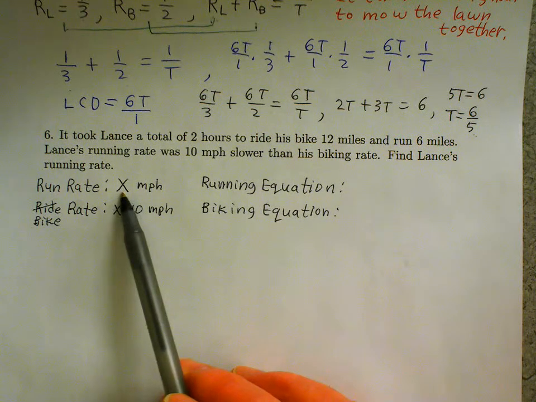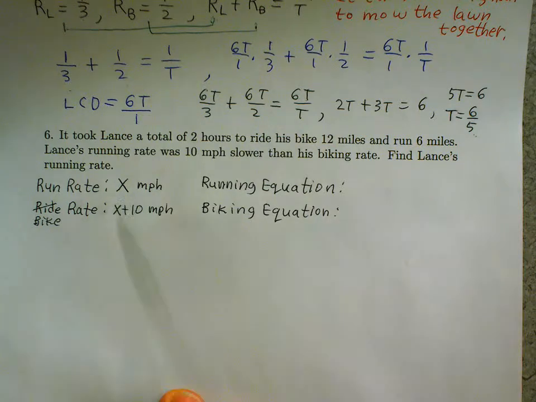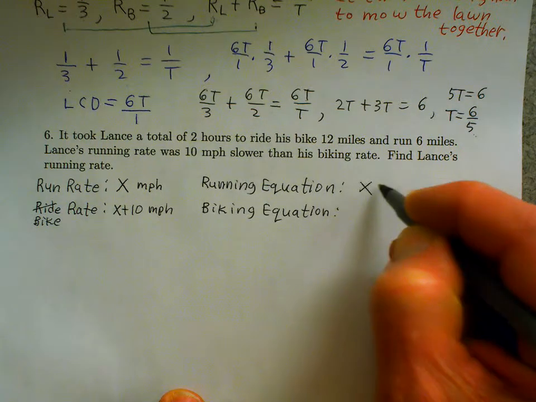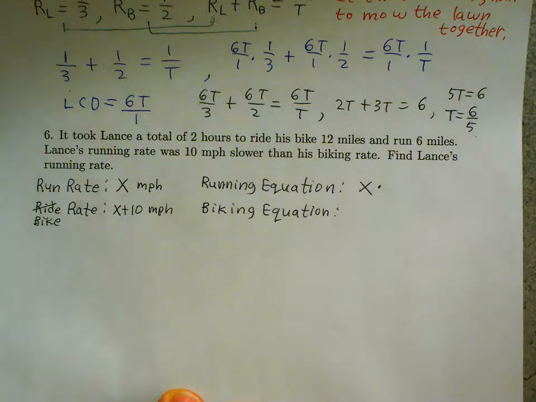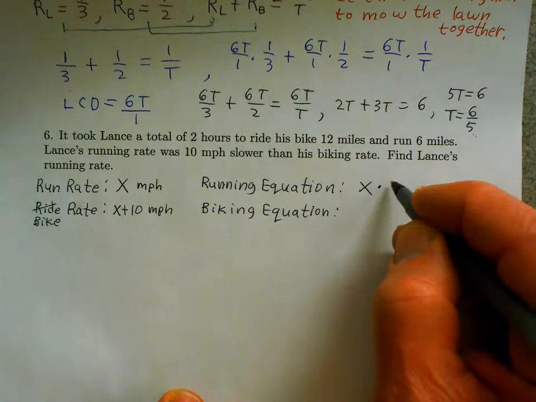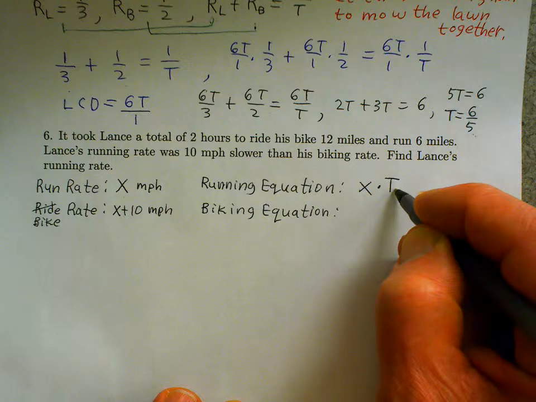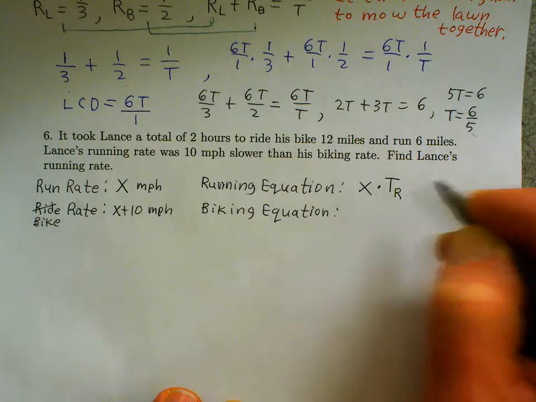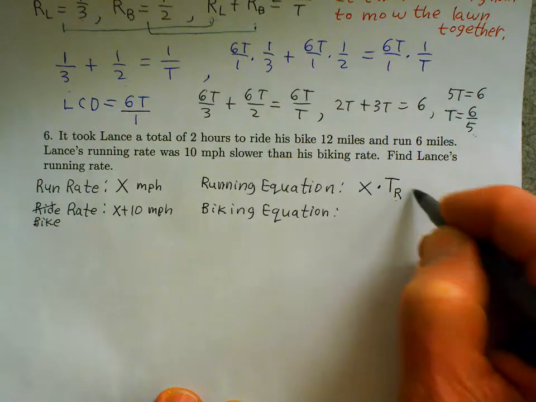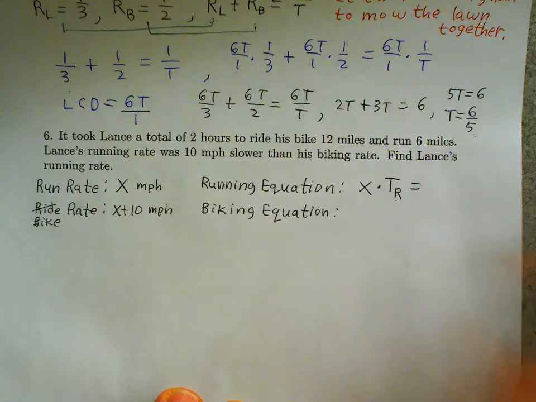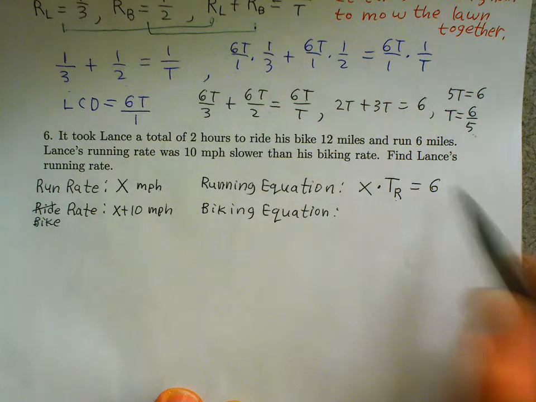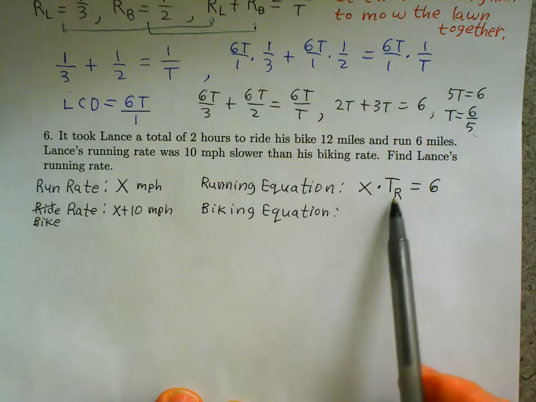Well, we're representing the rate by x miles per hour. So rate times time, well, we don't know the exact amount of time, so we have to use a variable representation. So I'll use T sub r for the amount of time it took to run 6 miles. So rate times time equals distance.